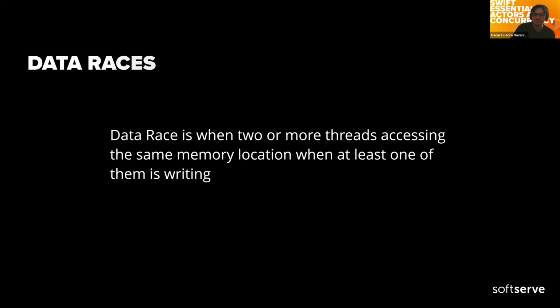I mentioned data races very briefly before. So what is a data race? The description is that a data race is when two or more threads are accessing the same memory location when at least one of them is writing.